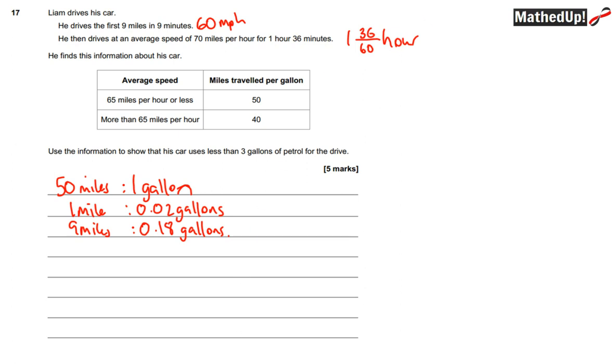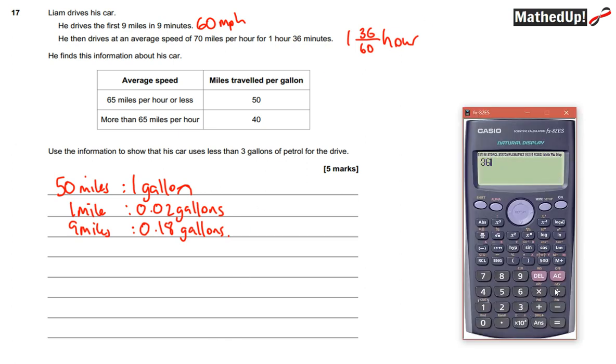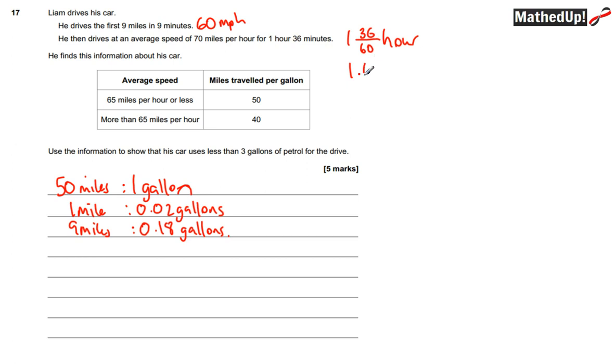And 36 sixtieths of an hour is basically 0.6 of an hour. So 1 and 36 sixtieths of an hour is the same as 1.6 hours. Okay, so he's gone 70 miles per hour for 1.6 hours. So we'll write this down over here. So 70 miles per hour for 1.6 hours.